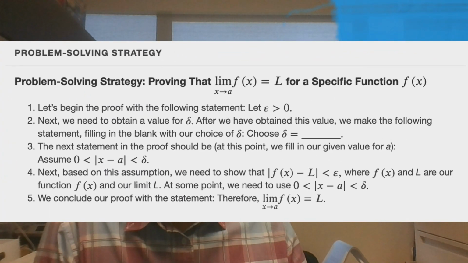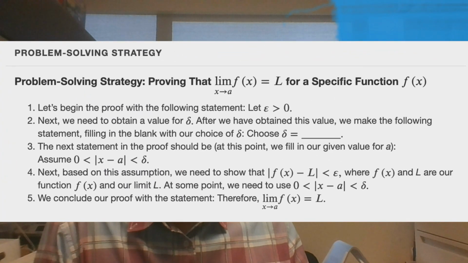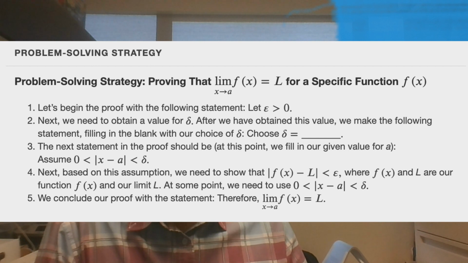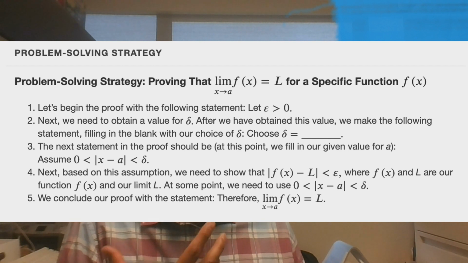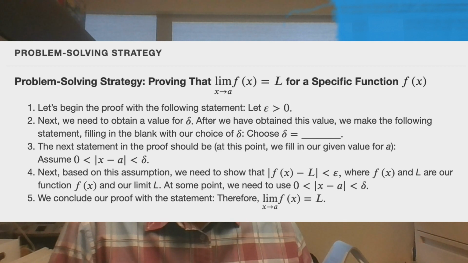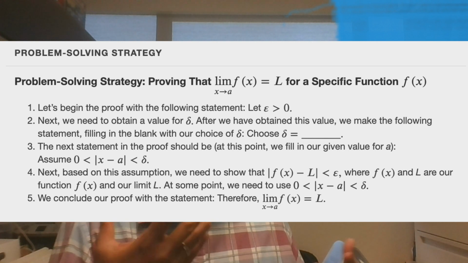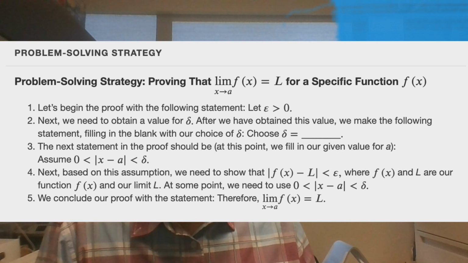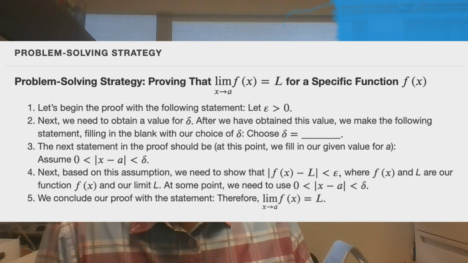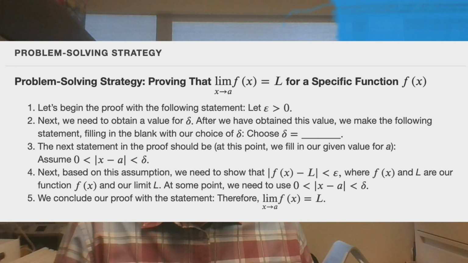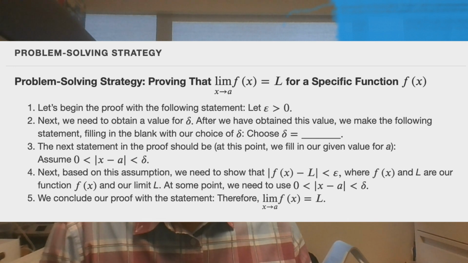Fortunately, they give us a kind of algorithm. Here's our strategy for proving that a limit does exist. First of all, you have to have that limit L as your best guess. Then you begin the proof by saying, let epsilon be bigger than 0. Then you have to find a relationship between delta and epsilon.